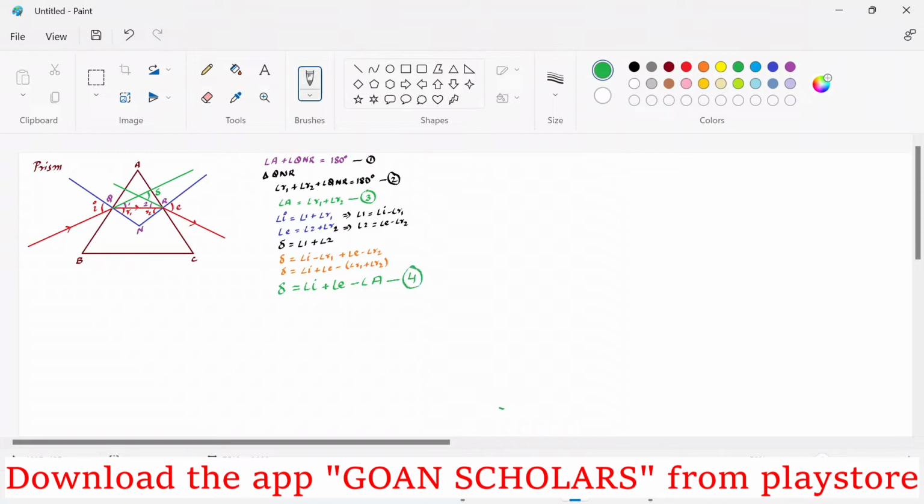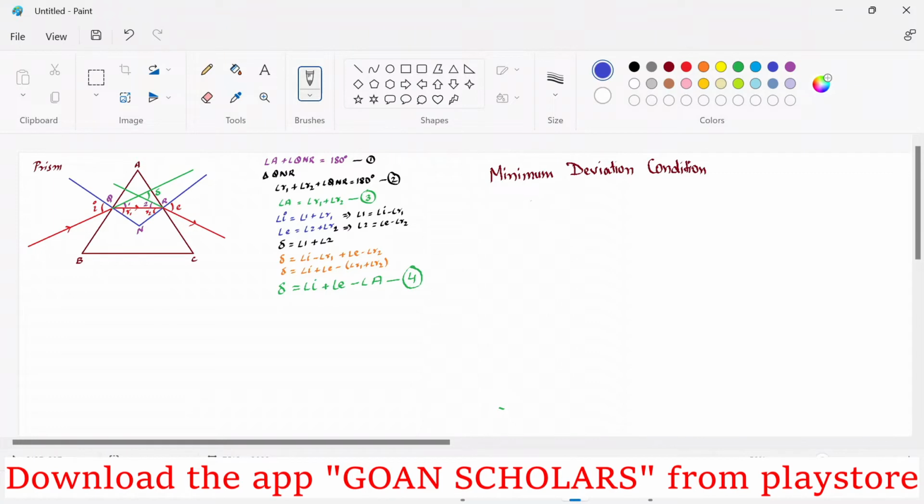Let's move to our minimum deviation condition. So for the minimum deviation condition, what are these conditions?